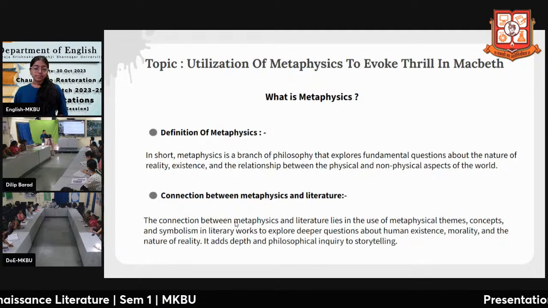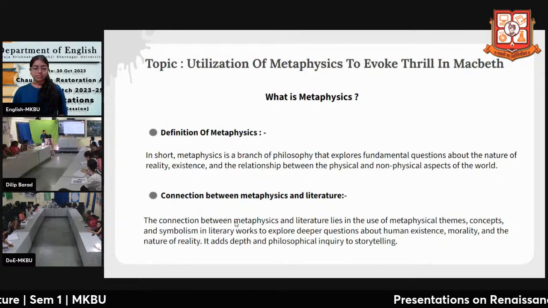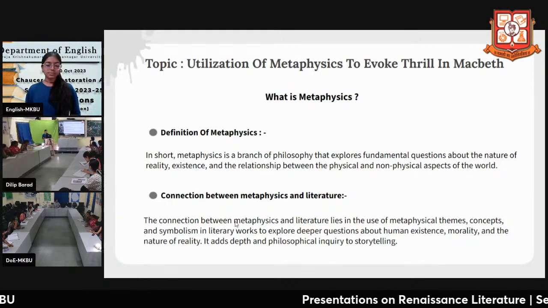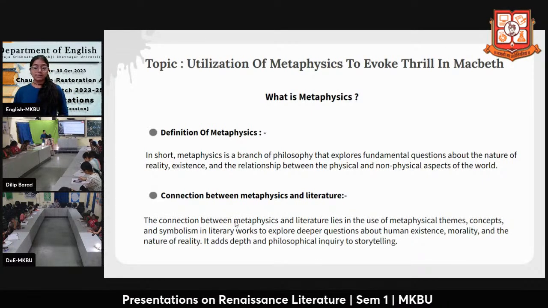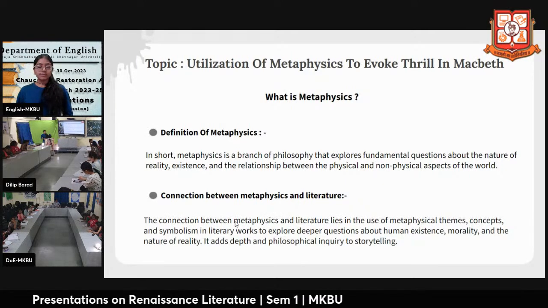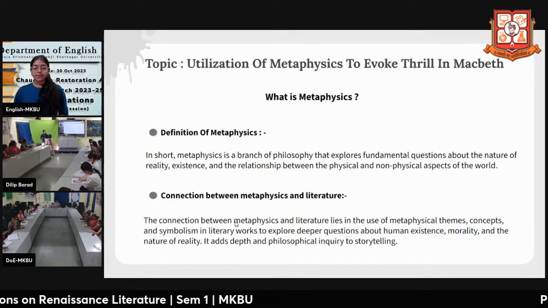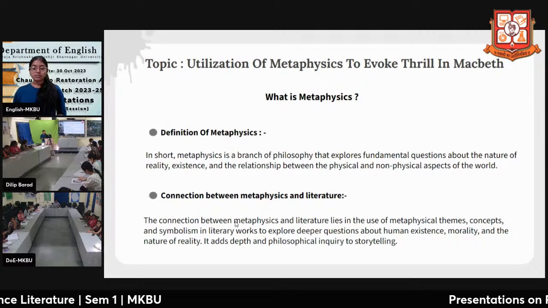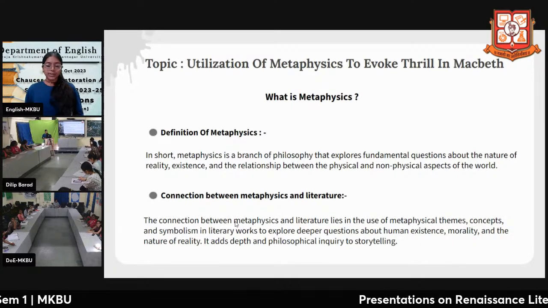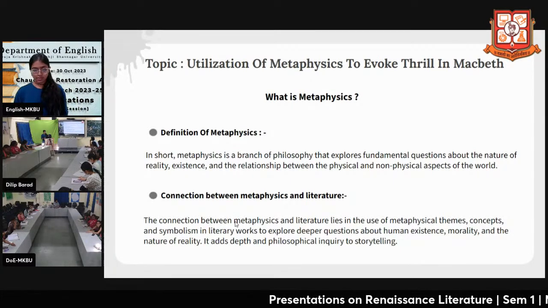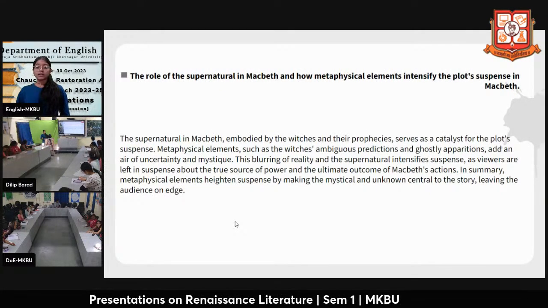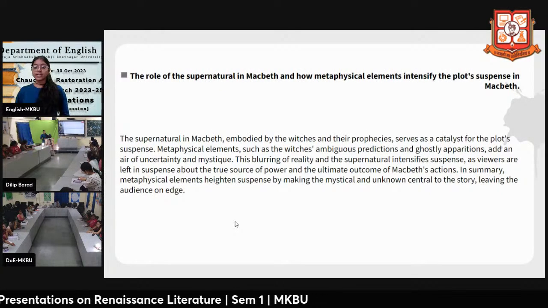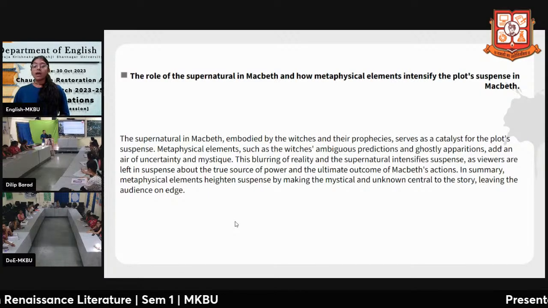Then, the connection between metaphysics and literature. The connection between metaphysics and literature lies in the use of metaphysical themes, concepts, and symbolism in literary works to explore deeper questions about human existence, morality, and the nature of reality. Then, the role of the supernatural in Macbeth and how metaphysical elements intensify the plot suspense in Macbeth.